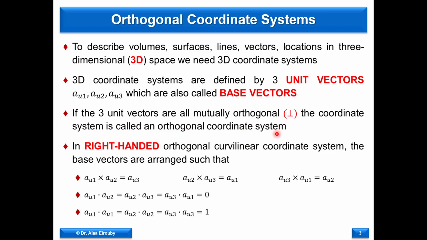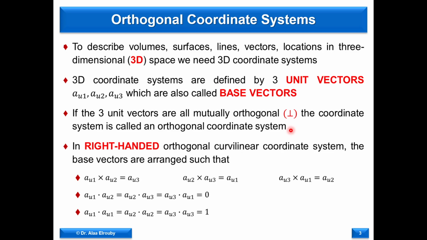And if those unit vectors or base vectors are mutually orthogonal, or mutually perpendicular to one another, this system is called an orthogonal coordinate system. There can be an infinite number of coordinate systems to describe a point or a surface or whatever in 3D. I don't know what the count is, but I know it is either very large or unlimited.